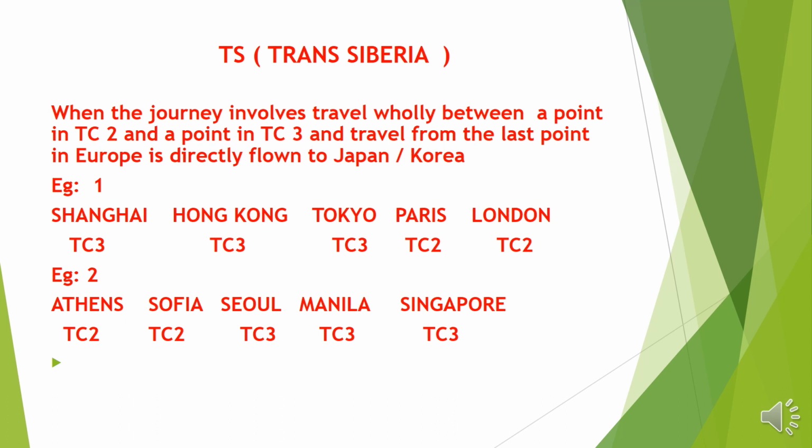And on this journey, first spot, if there is Japan or Korea on the journey, yes, there is Korea on the journey, which is Seoul, the South Korea. It's a capital. And look at the city before Korea. It's Sofia. And is Sofia in Europe? Yes. So from a point in Europe, the passenger travels directly to a point in Japan or Korea. Hence, this is a Trans-Siberian.